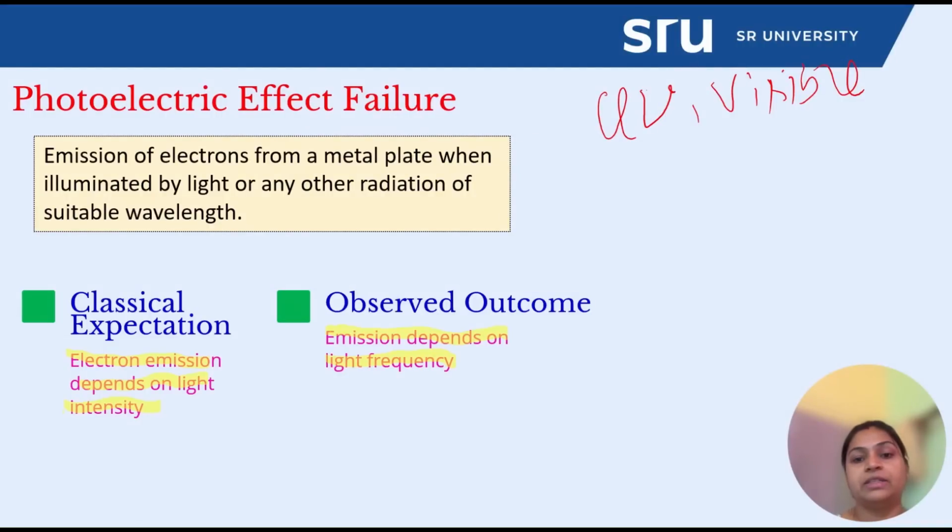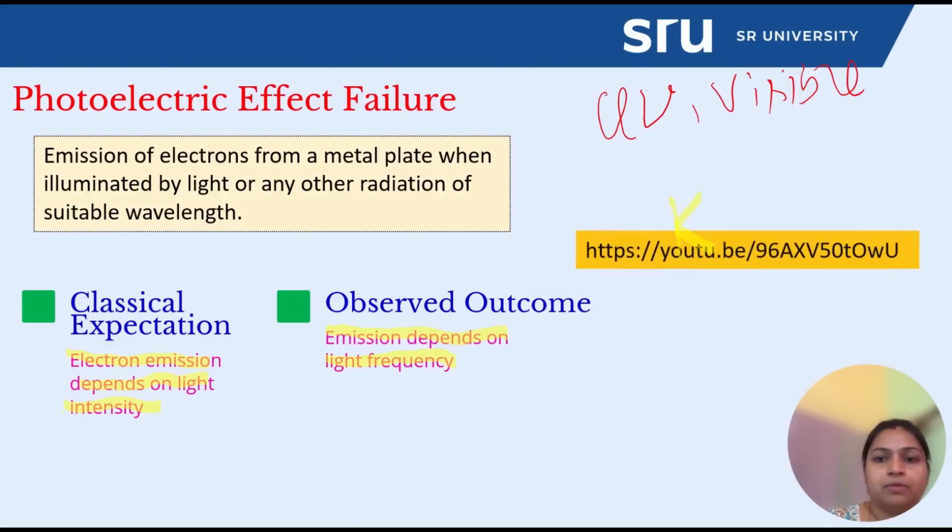And third, kinetic energy depends on the frequency, not intensity. More intensity above threshold gives more electrons, not more energy per electron.